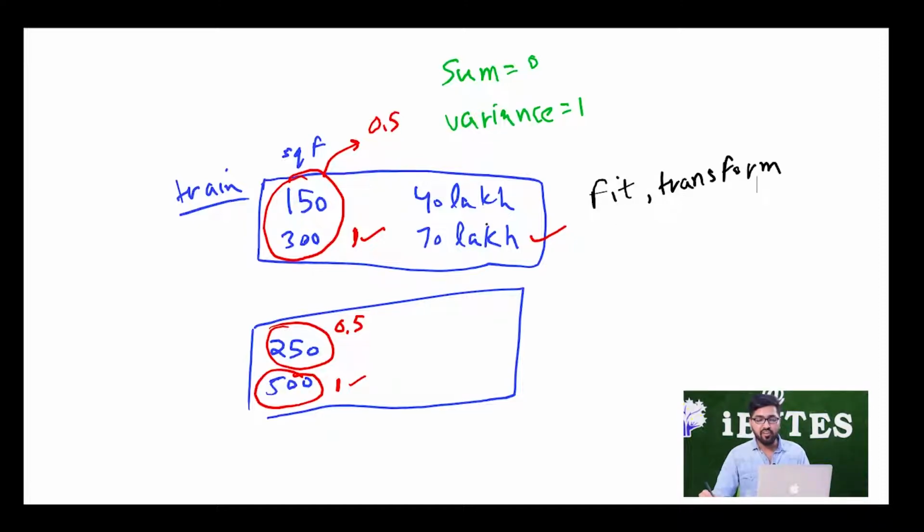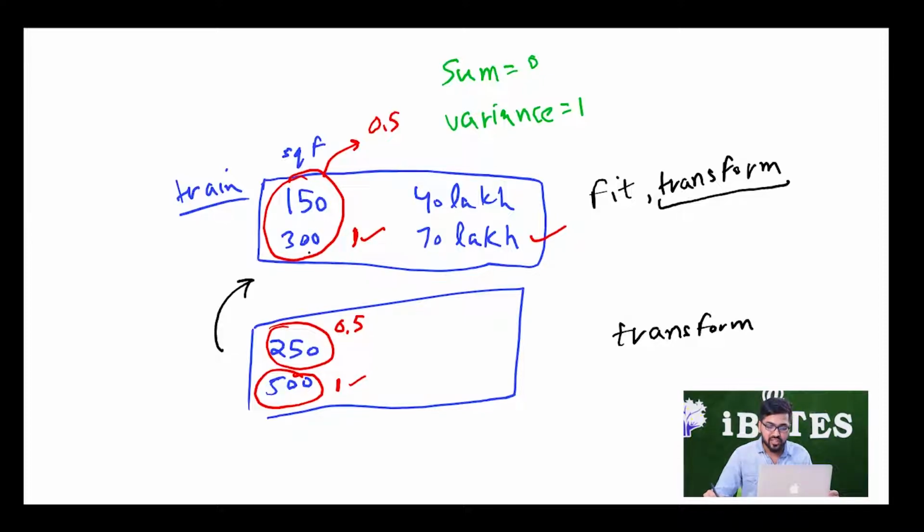Fit means find the appropriate scale which you want to use, let us say for standard scaling. And transform means you just transform the data as per that scale. When we transform our testing data, we will just transform it, we will not fit it, because we do not want to find a new scale, we want to use the scale that we used for training.